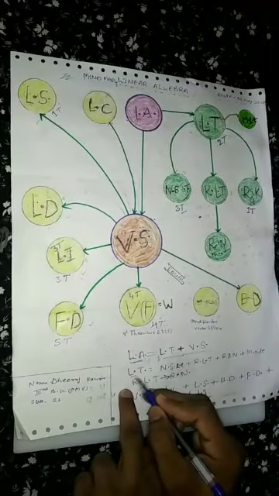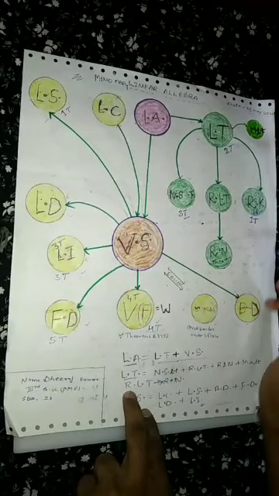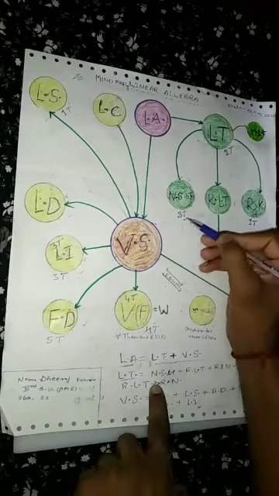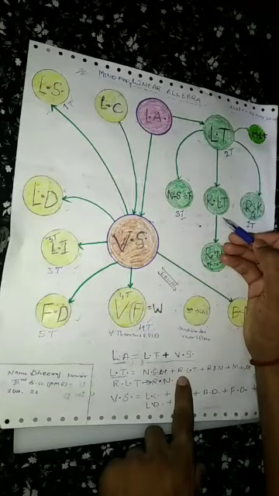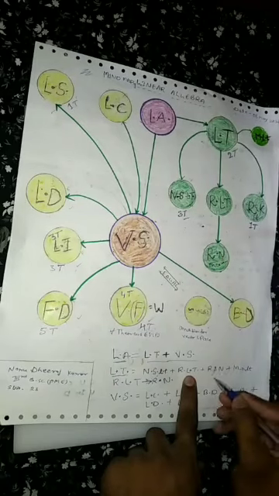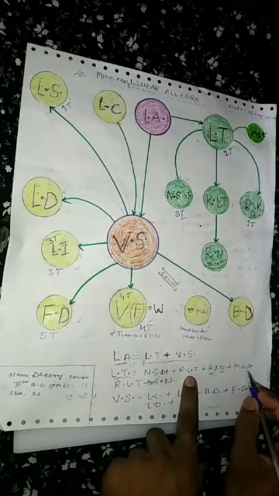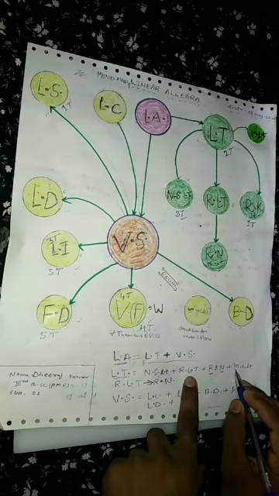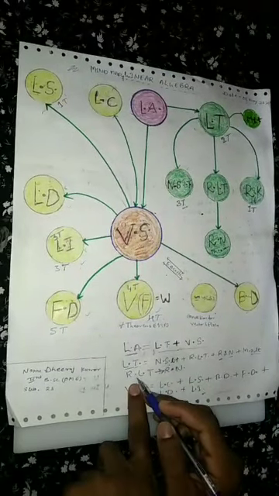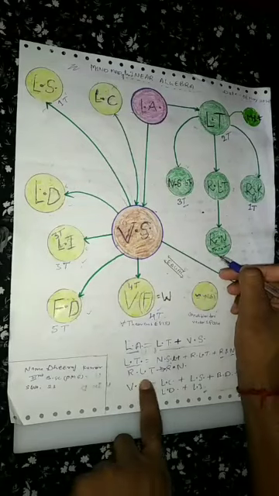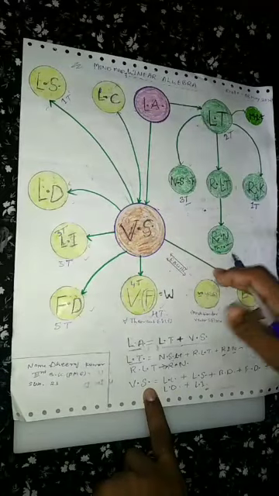Linear transformation we divided into 5 different terms: NSLT, non-singular linear transformation, RLT, rank of linear transformation, R and N, rank and nullity theorem, and MLT, matrix of linear transformation, for remembering. RLT has one more topic called R and N, that is rank and nullity theorem.